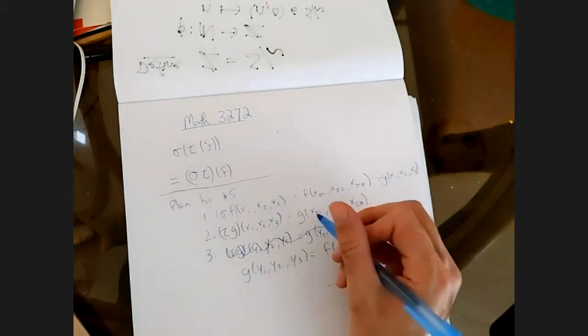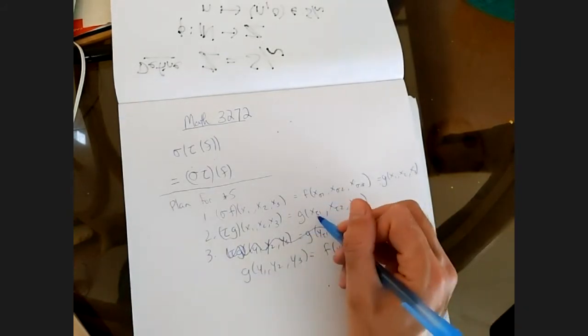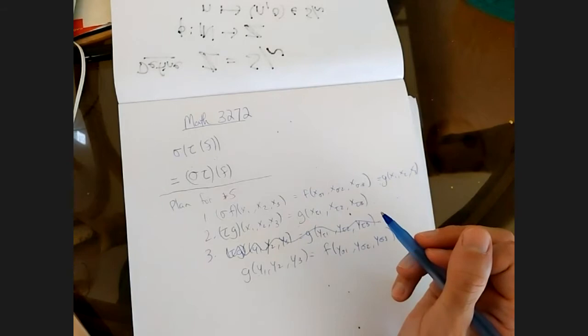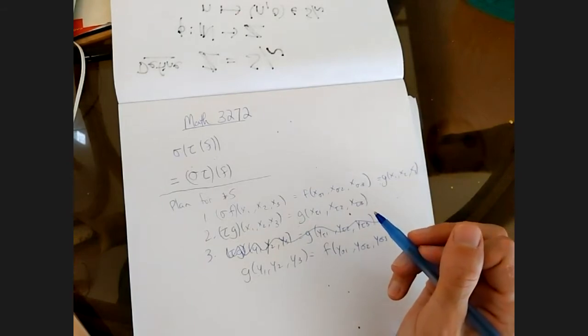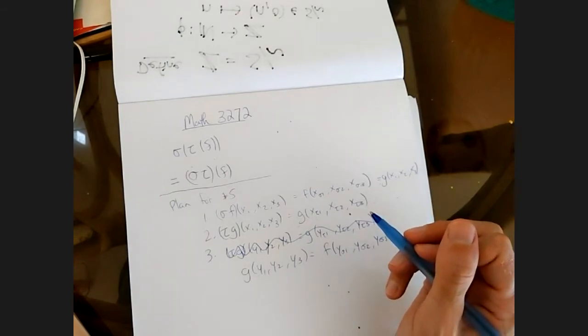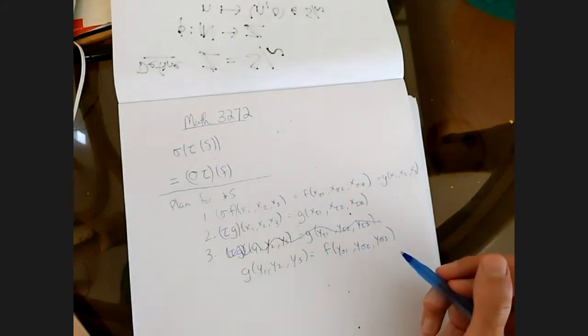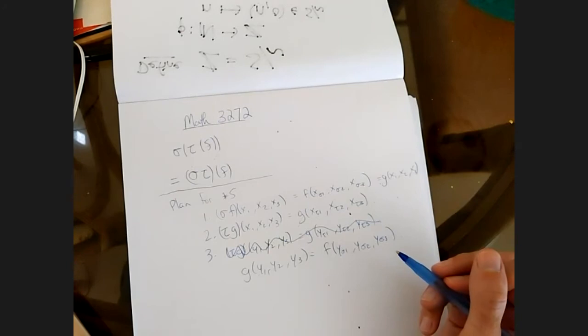And then you substitute y1 equals x tau 1. Wait, did I do this wrong again?